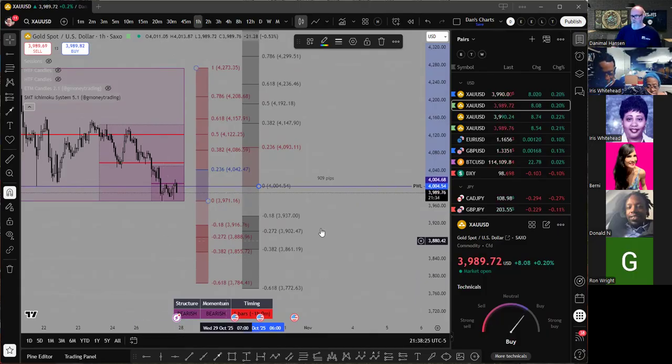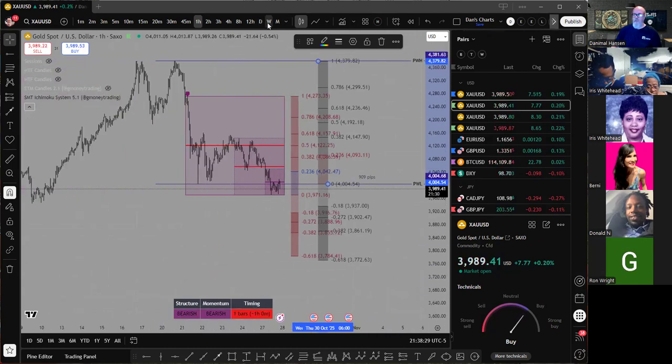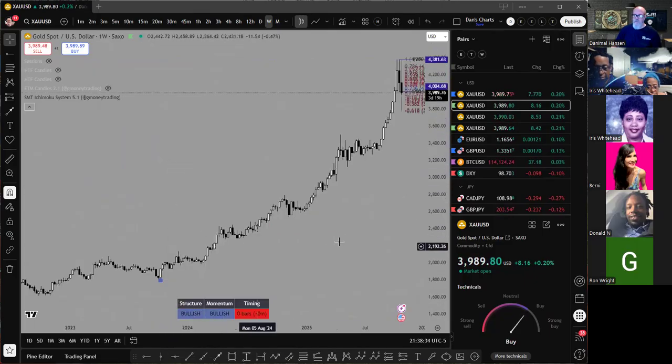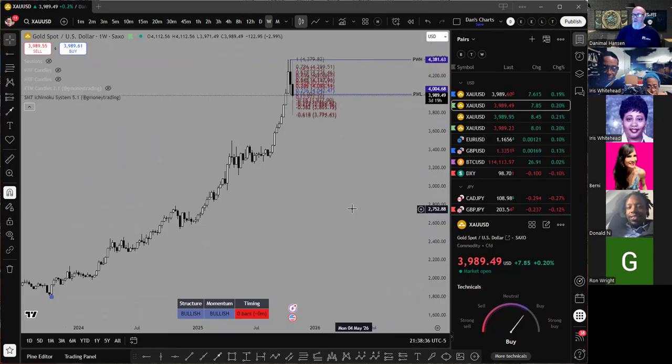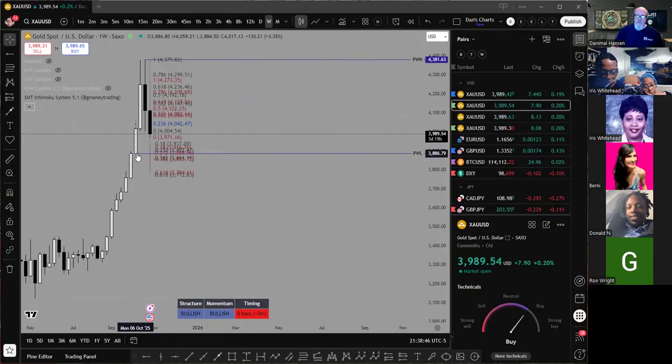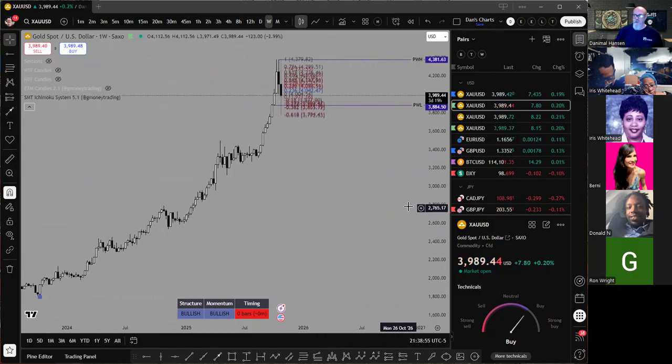Looks like we already got a previous weekly low, but remember how we were looking at the weekly candlesticks? Reset charts. So here's the previous week. You just did these 2 candlesticks. And same thing, we set the chart view.